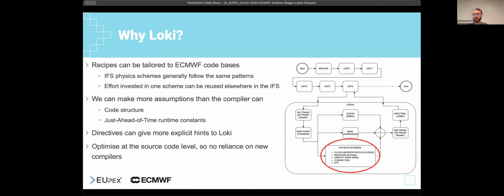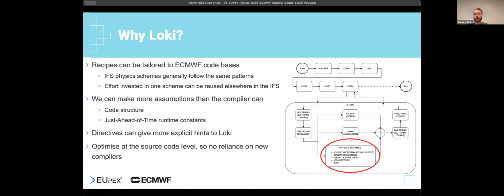That's because they generally follow the same patterns. So any effort that we invest here on CloudSC with Loki, we can reuse elsewhere on the IFS. So we get a really good use out of our time that we invest into it.